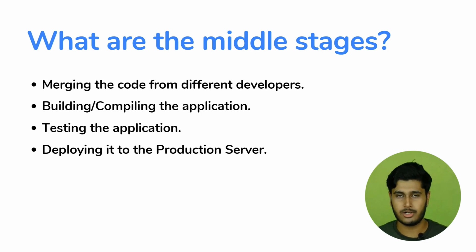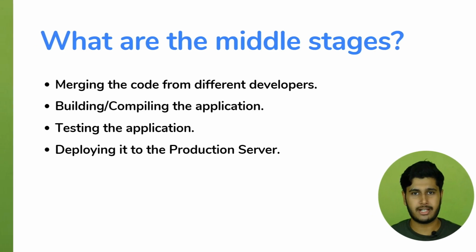Next up, when we have the code ready, we are going to build and compile the application, right? And after compiling the application, we are going to test it. Now for the testing part, there are multiple stages of testing a product. When you submit a code, your code is also going to be tested for certain guidelines that your organization may follow. When your code is compiled or built into an application, it is going to be tested for some bugs, which is known as alpha testing.